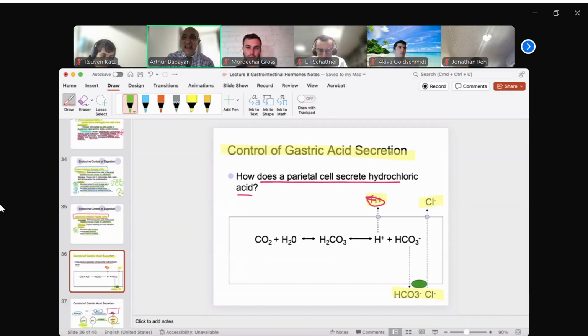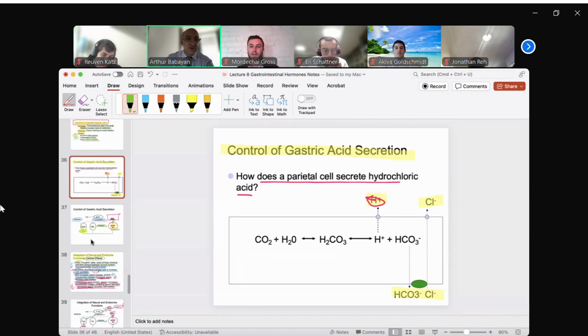Control of gastric acid secretion. How does the parietal cell secrete hydrochloric acid? How is hydrochloric acid going to be produced?